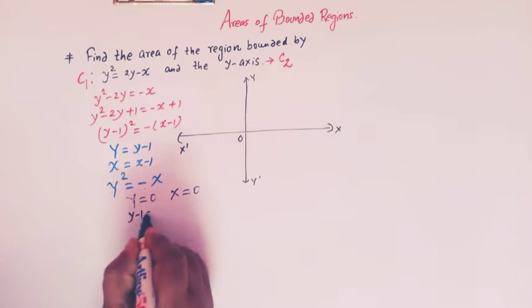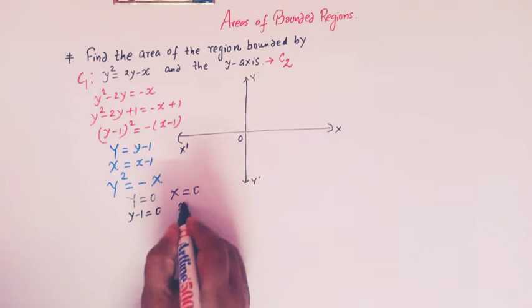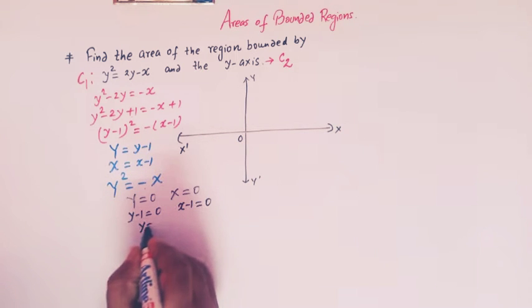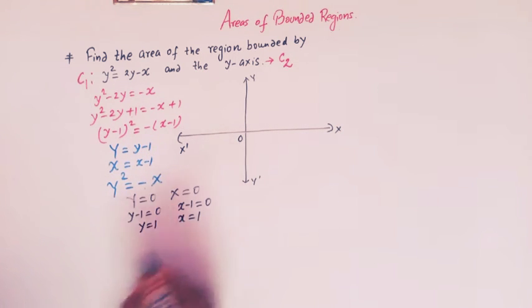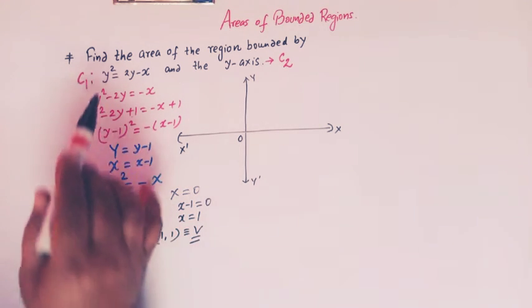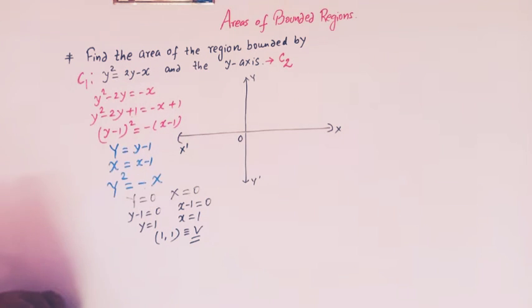So this gives us y minus 1 is equal to 0, and x minus 1 is equal to 0. So we have y is equal to 1 and x is equal to 1. So 1 comma 1 is the vertex of this parabola, right?